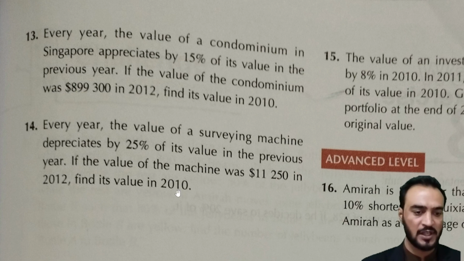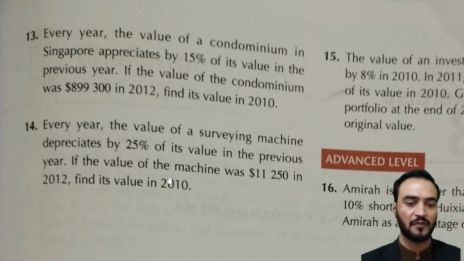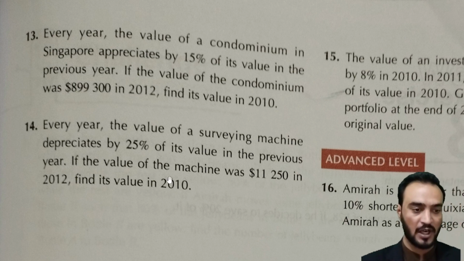We are going to consider the value of the surveying machine in 2010 as X dollars, and we depreciate the value by 25% and we get the value in 2011, and the value of 2011 again depreciates by 25% to get the value in 2012. So let us solve this question.